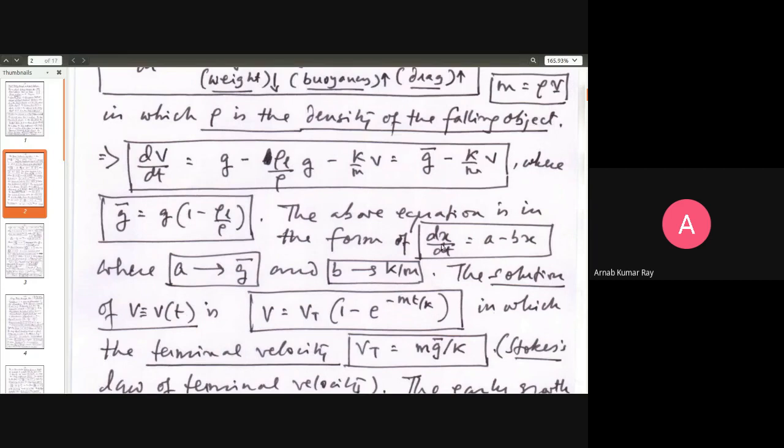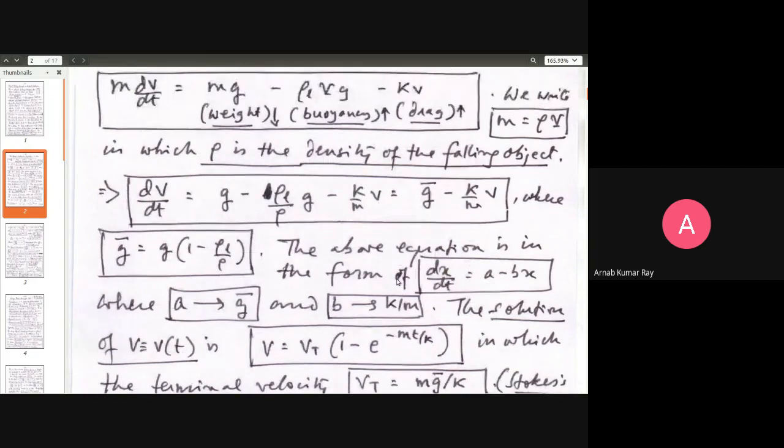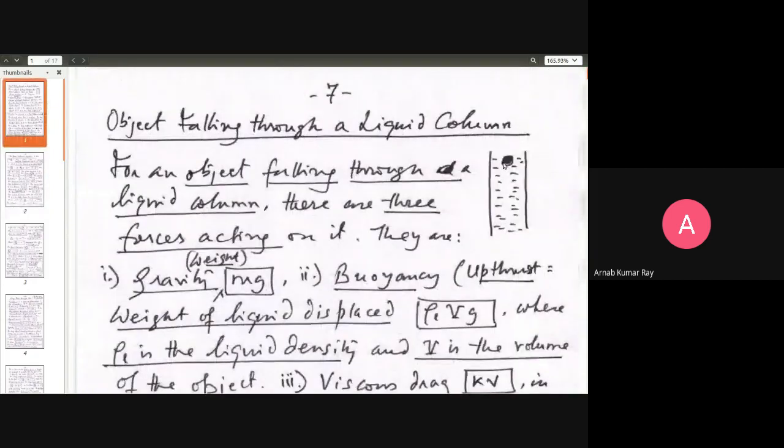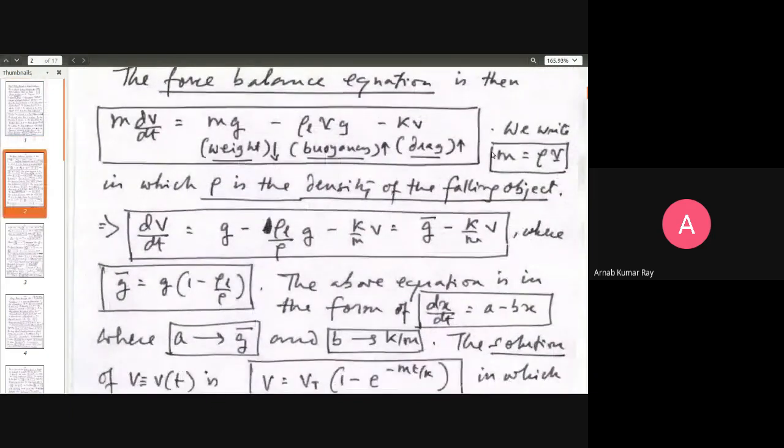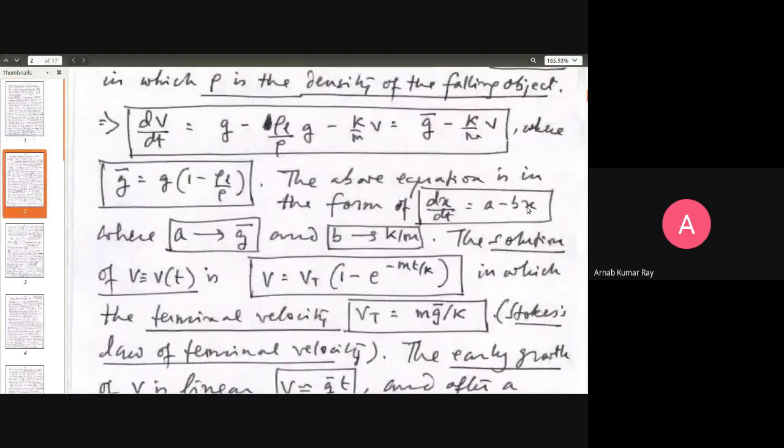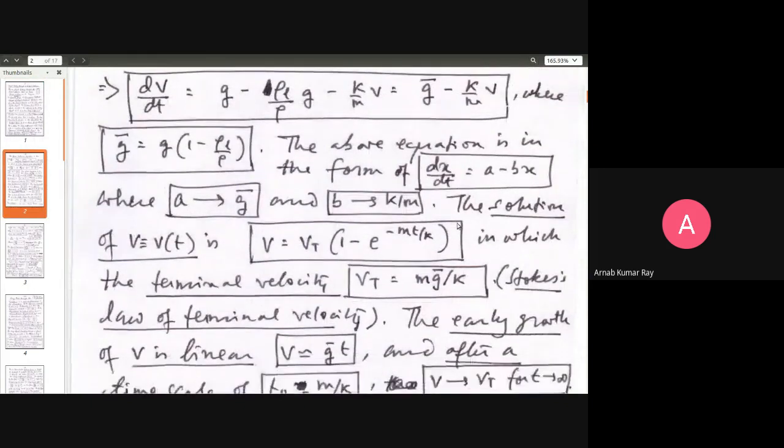So at t equal to 0, v will be equal to 0, meaning that you're just holding the object, and then at t equal to 0, you just release the object. So initially the object doesn't have any velocity. So that is allowed, in the sense that when x is equal to 0, if a is non-zero, dx/dt will be non-zero, and therefore values of x will add on very soon.